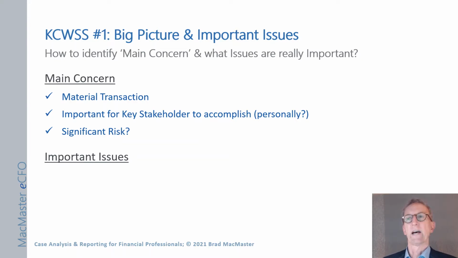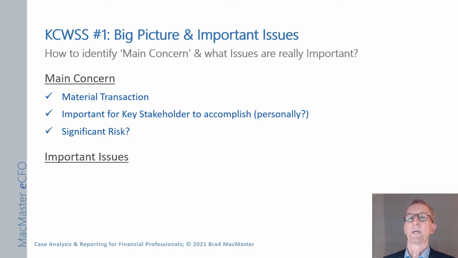It becomes evident that this is important to the key stakeholder to accomplish, sometimes personally, especially if the key stakeholder is the controlling shareholder in a private business, or perhaps the CEO or CFO in a public company.